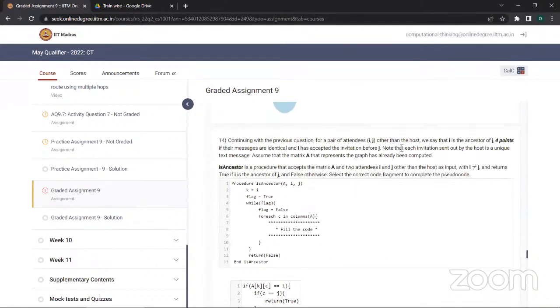I still got it wrong. Actually, I was thinking the right option. Okay. This is some procedure.